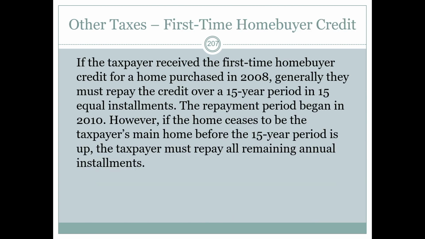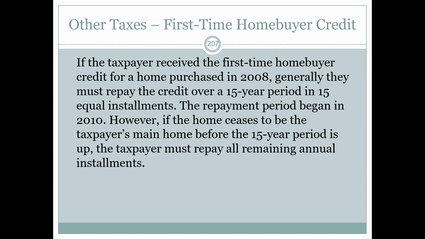The next tax that we will talk about is the first-time homebuyer credit. If the taxpayer received the first-time homebuyer credit for a home purchased in 2008, generally they must repay the credit over a 15-year period in 15 equal installments. The repayment period began in 2010.